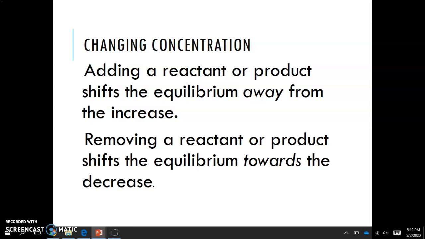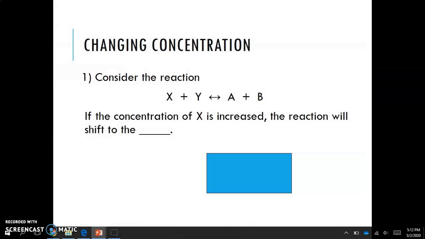So let's take a look at some of these problems. Here we have this imaginary reaction. We have X plus Y, which are our reactants, will yield A plus B. It's an equilibrium equation, so there's a forward and a reverse reaction. It says if the concentration of X is increased, the reaction will shift to the... So let's take a look. If our X is being increased, that means we're seeing an increase in our reactants, okay?